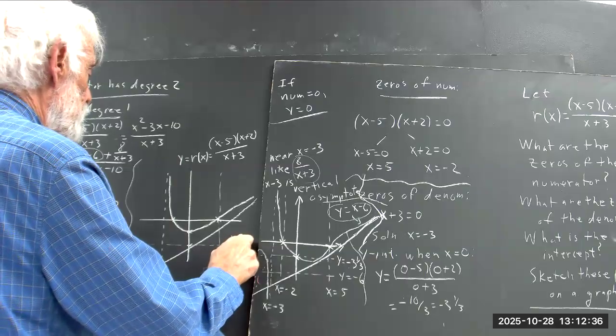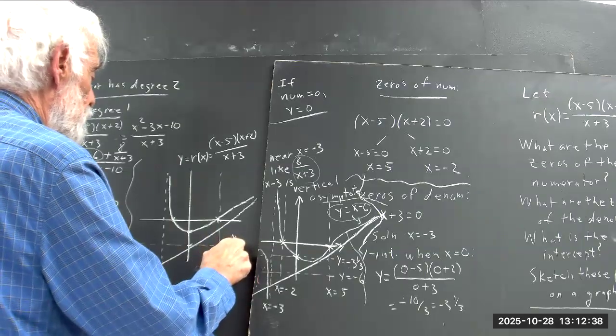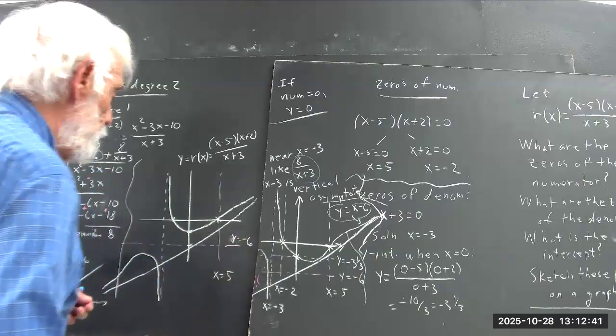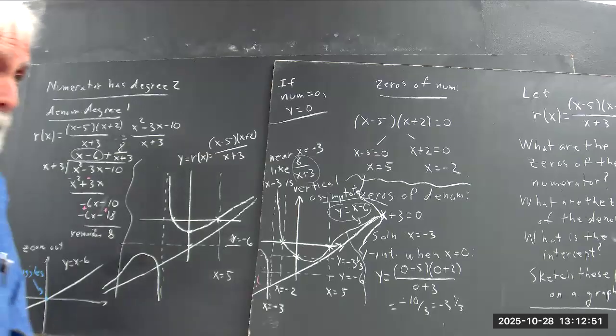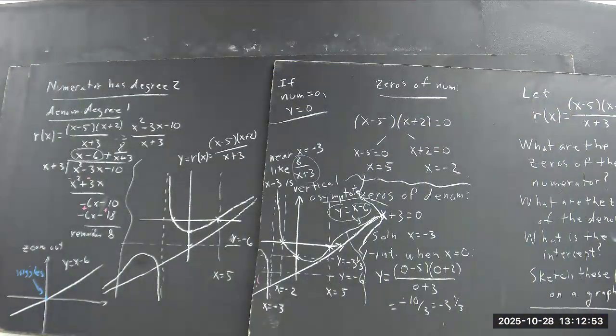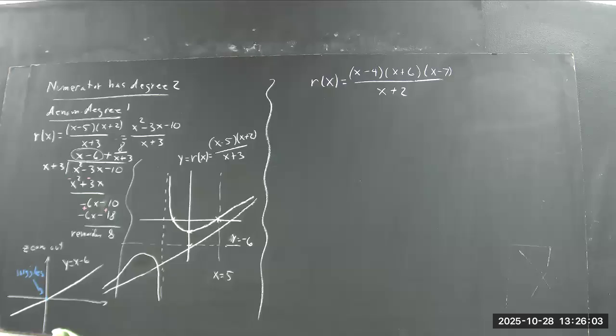Here's y equals negative 6. And from these, you can kind of estimate what everything else is and see that the graph is fairly representative of the function. All that makes sense? All right, you all are doing well.